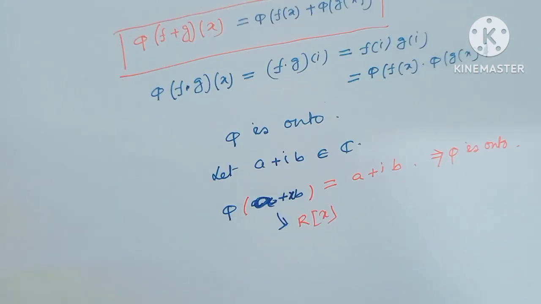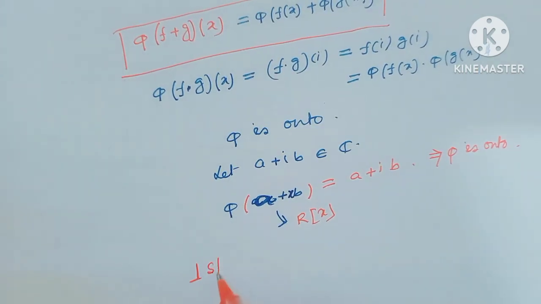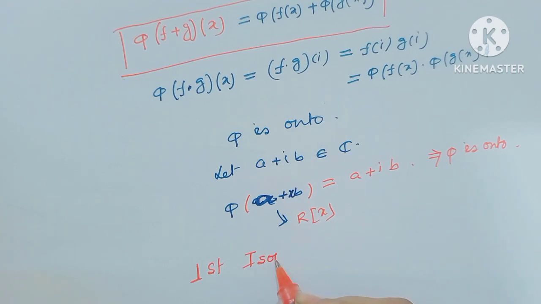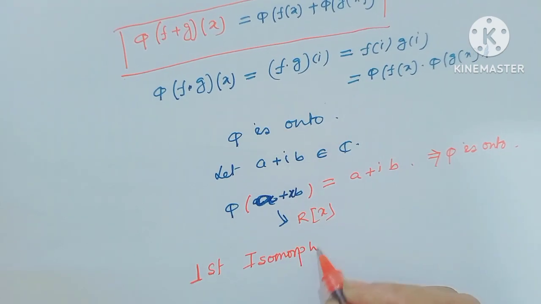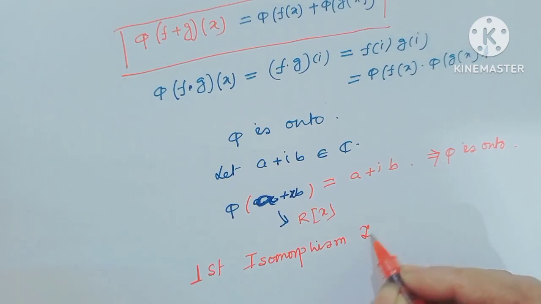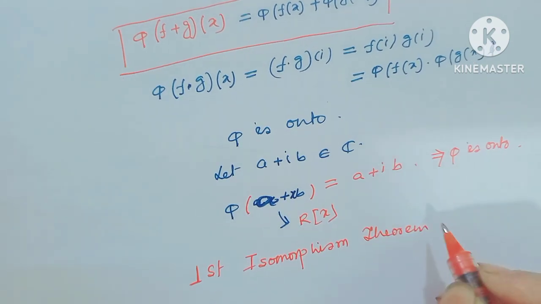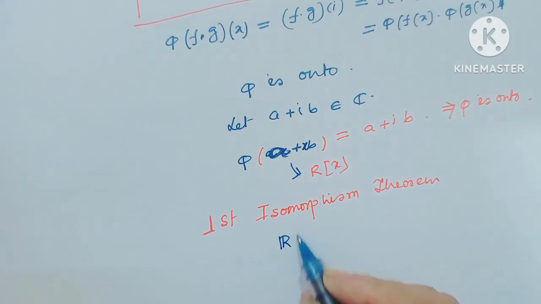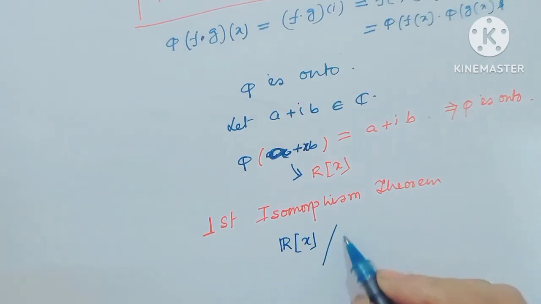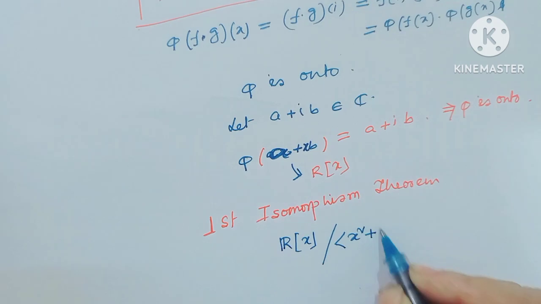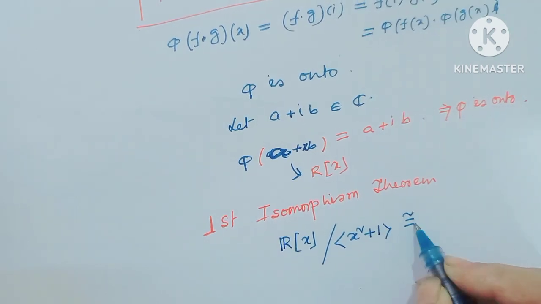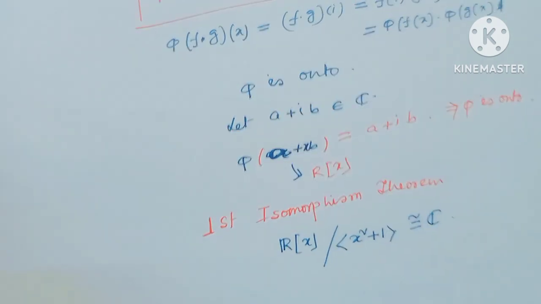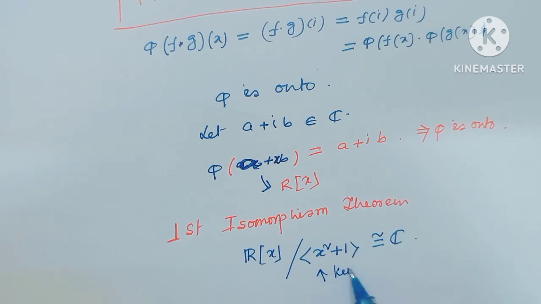Then by the first isomorphism theorem, we can tell R[x] modulo the kernel of φ is isomorphic to the complex numbers.